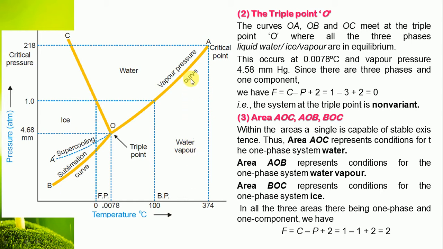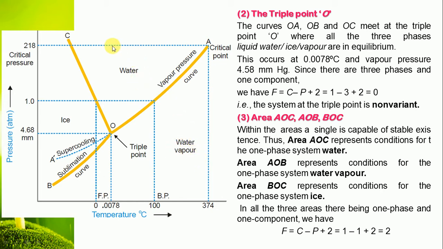It has different types of pressure also. But still it is water vapor. Although you have taken different temperatures and different pressures, despite your random choice, this whole area contains only one phase, and that is water vapor.